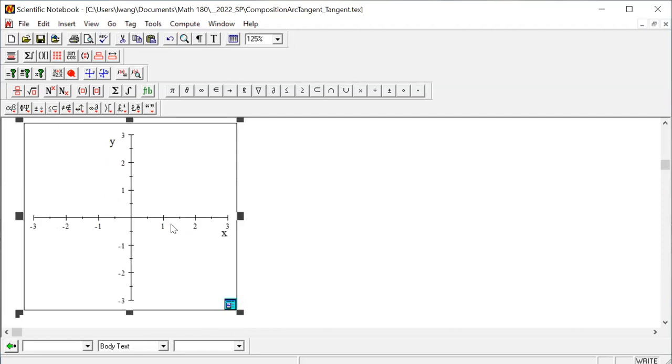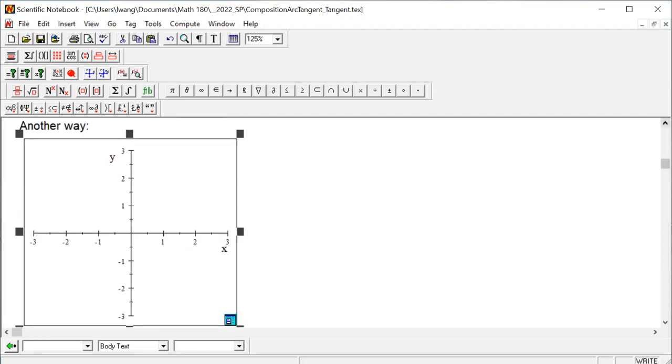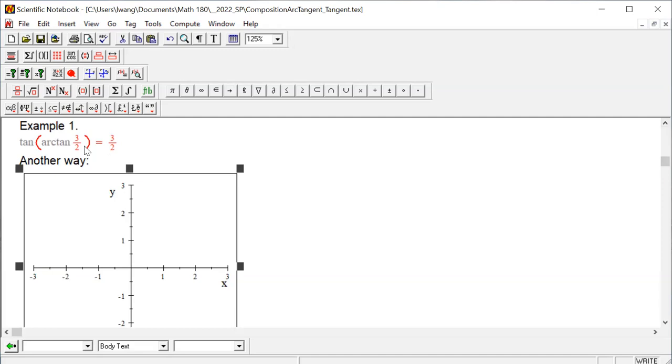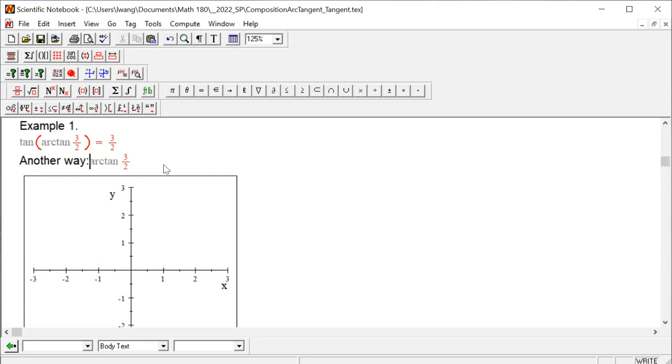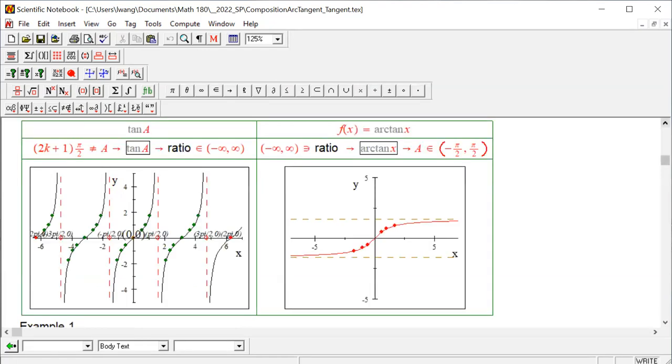Now, we have the standard position, of course, so we know how to measure our angles. And we know arctangent is going to be an angle. This angle is going to be in the range. So we assume that's going to be theta, right? And that theta is going to be in the range. What is the range of arctangent?